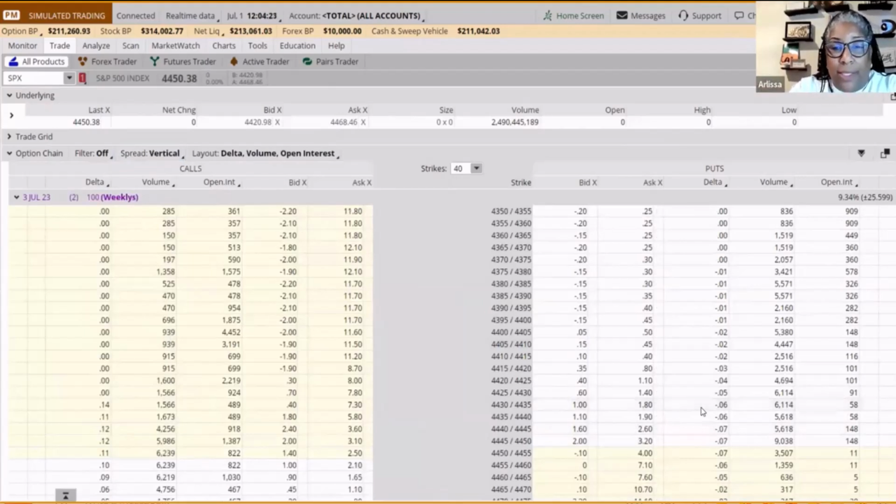And at the money, the delta on this spread looks like it's 7 or some change, then 6, 5, 4, and 3. Usually when we're picking strikes, we're not looking at the spread delta; we're looking at the delta on the individual legs.